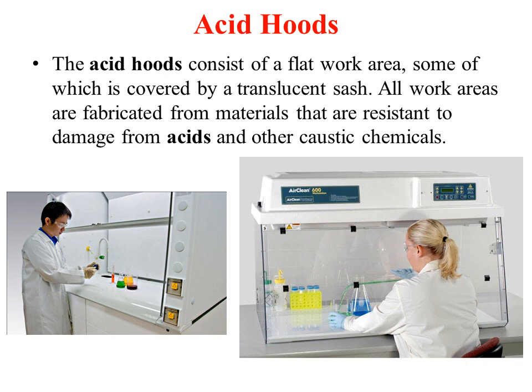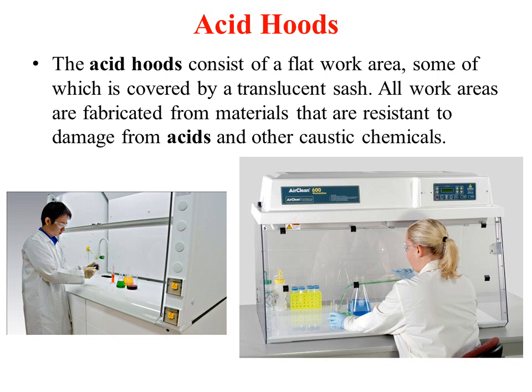Next topic, acid hoods. The main purpose of an acid hood is to make sure that whenever workers are working with acid, they are safeguarded. An acid hood usually consists of a flat work area. These are some pictures which show acid hoods, and they are covered by a transparent sash.